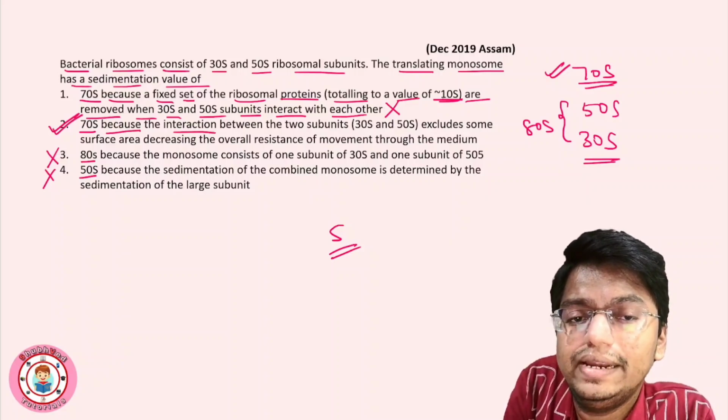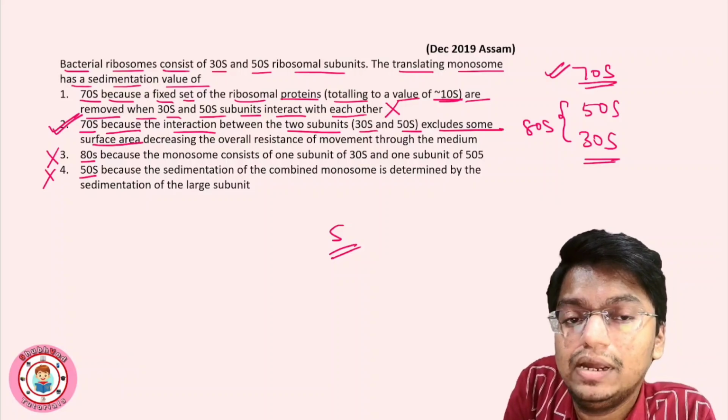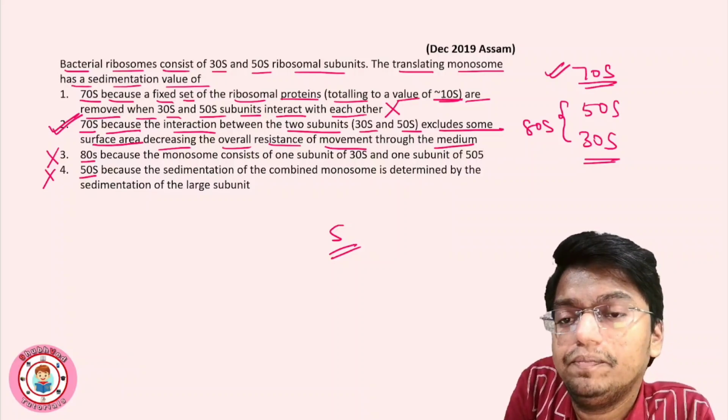Because the interaction between the two subunits 30S and 50S excludes some surface area, decreasing the overall resistance of movement through the medium, right?